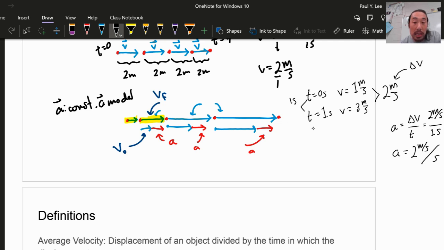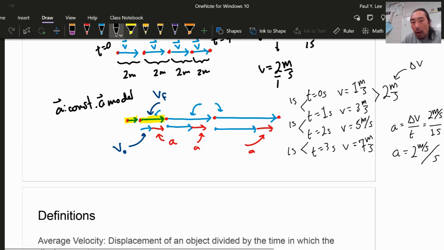Okay, so let's continue this trend. From 1 second to 2 seconds, 1 second passes by, and if acceleration is 2 meters per second, that means our new velocity is 5 meters per second. And let's just do that for posterity one more time. At 3 seconds, our velocity would be 7 meters per second.